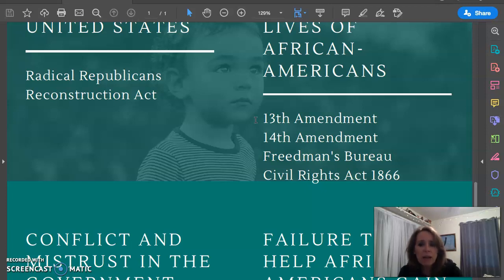Also, they created a bureau for freedmen, for the recently freed slaves, called the Freedmen's Bureau. And the Freedmen's Bureau's purpose was to help African Americans achieve a new status, to give them education, to provide them some medical care, to give them some legal advice.